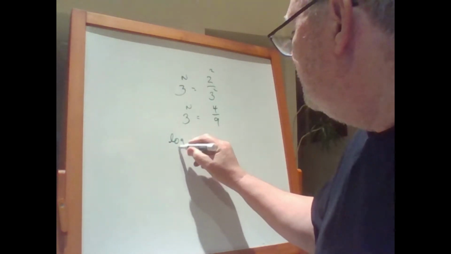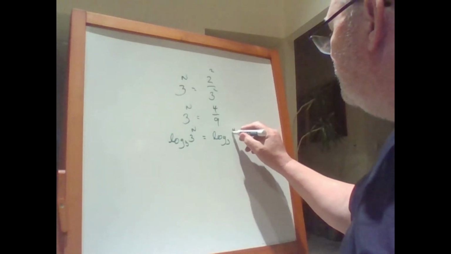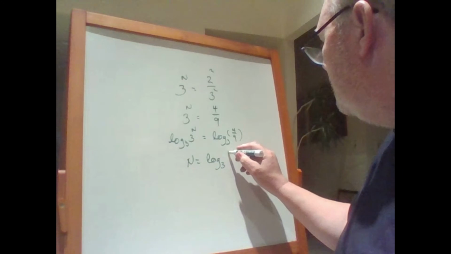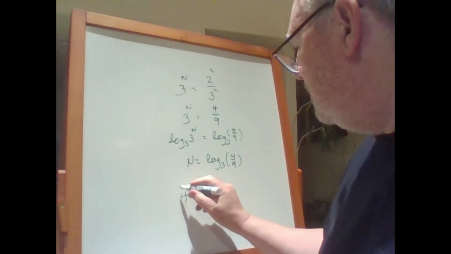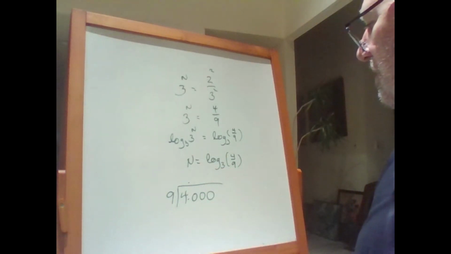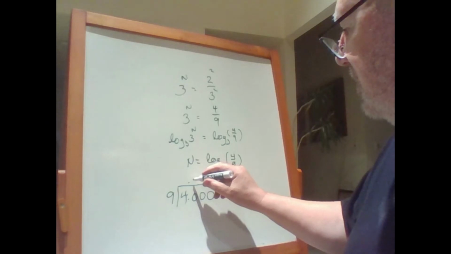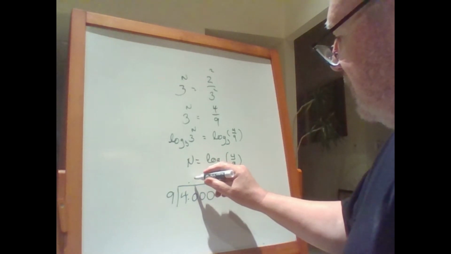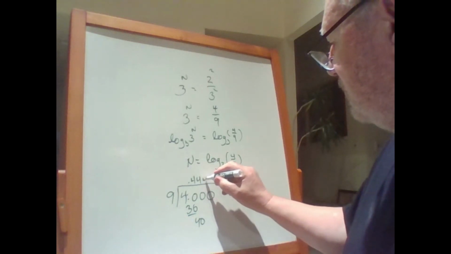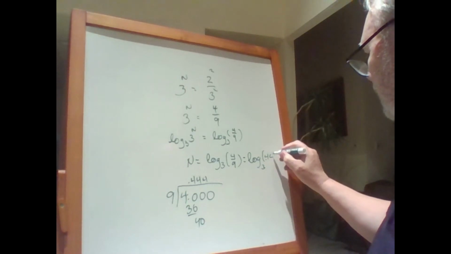If we take log base 3 of 3 to the n equals log base 3 of 4/9, then n equals log base 3 of 4/9, and 4/9 is somewhere close to a half. 9 into 40 goes 4, 36, and it just goes on, 0.4444.